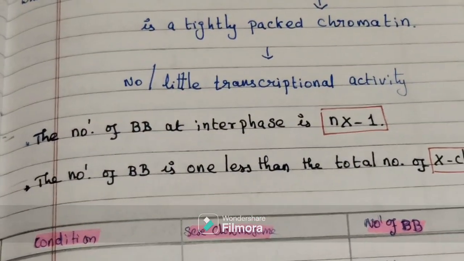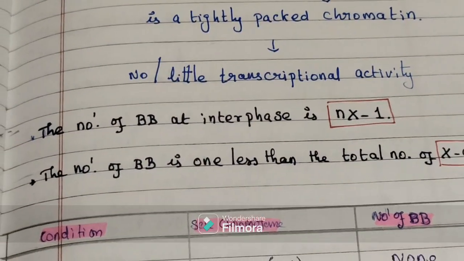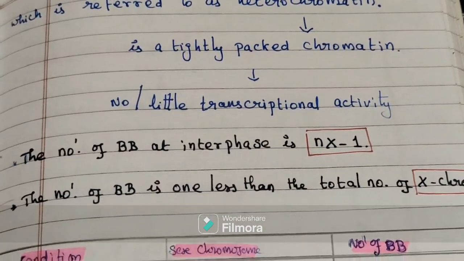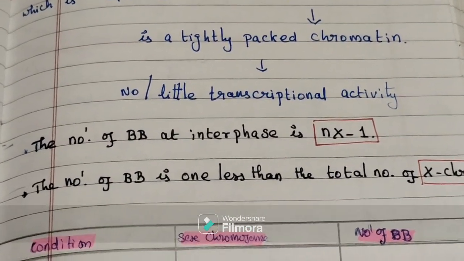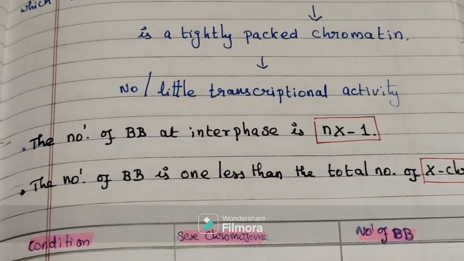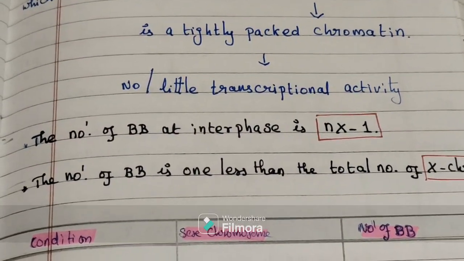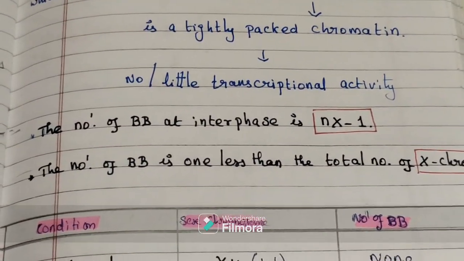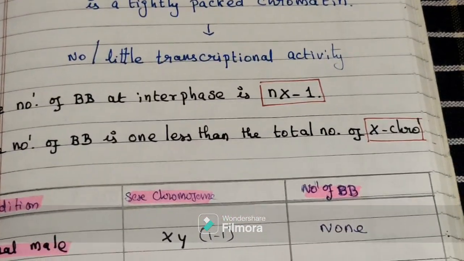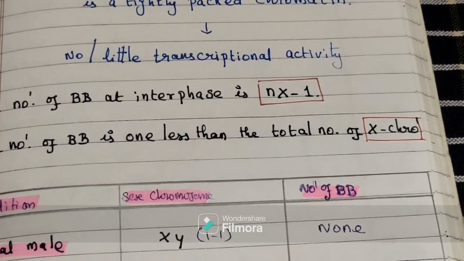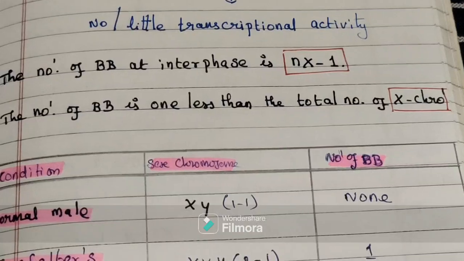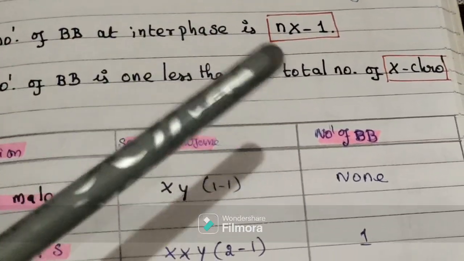Now, what is the number of Barr bodies in a given nucleus? The number of Barr bodies is one less than the total number of X chromosomes, that is, nX minus 1.